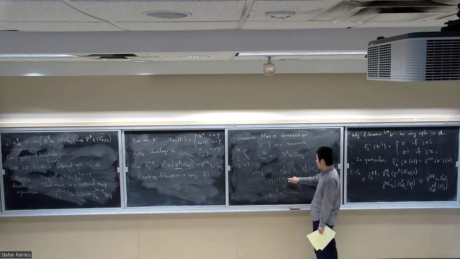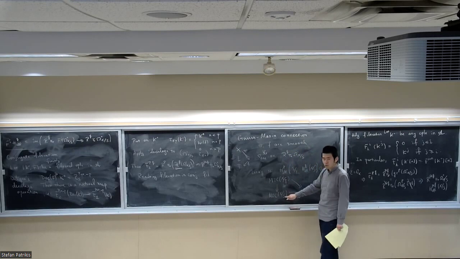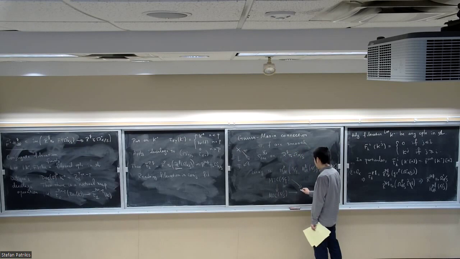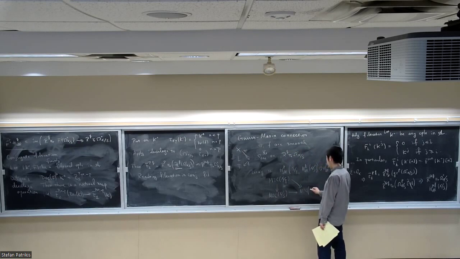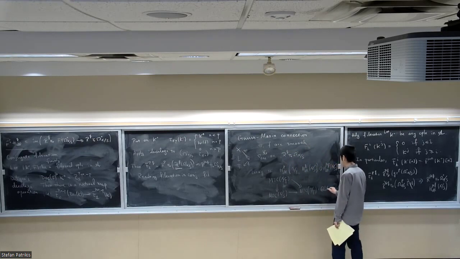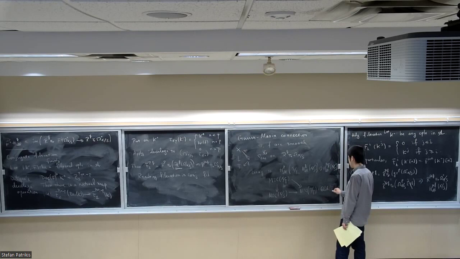These are connections which are O_T linear. These are connections which are O_S linear, but O_S linear is O_T linear. And then you map to MIC of T over T, which is again the same as coherent sheaves on T.